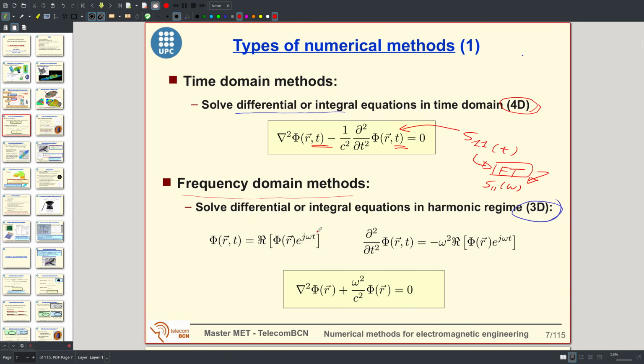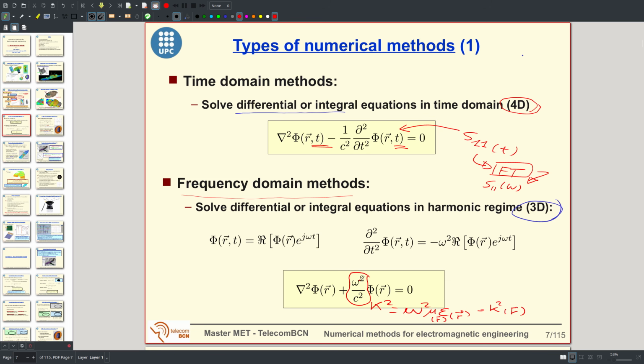And you can also model inhomogeneous media, because in your equations, remember that here this is k squared, which is omega squared mu epsilon, okay? And these constitutive parameters can depend on space. You can have a propagation constant k that depends on space, or mu and epsilon depending on space.